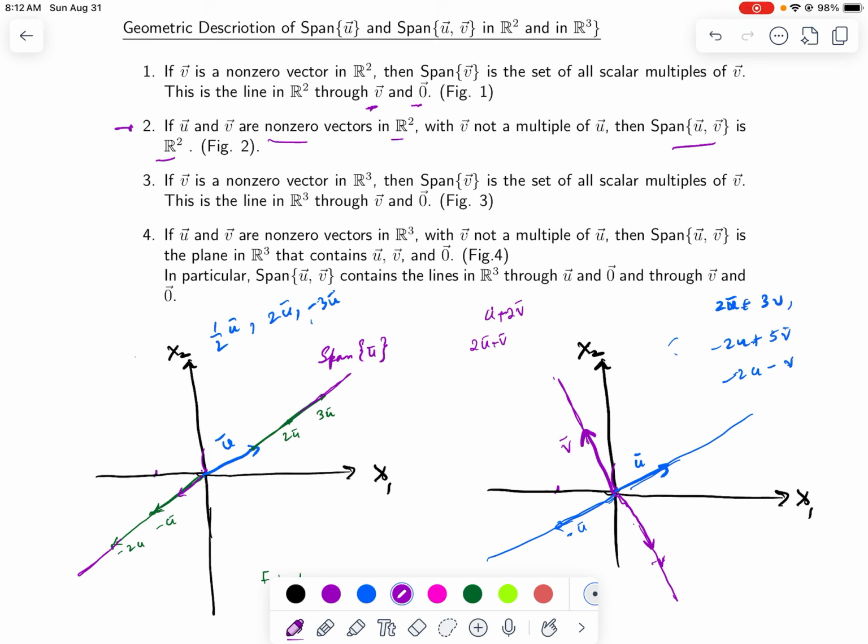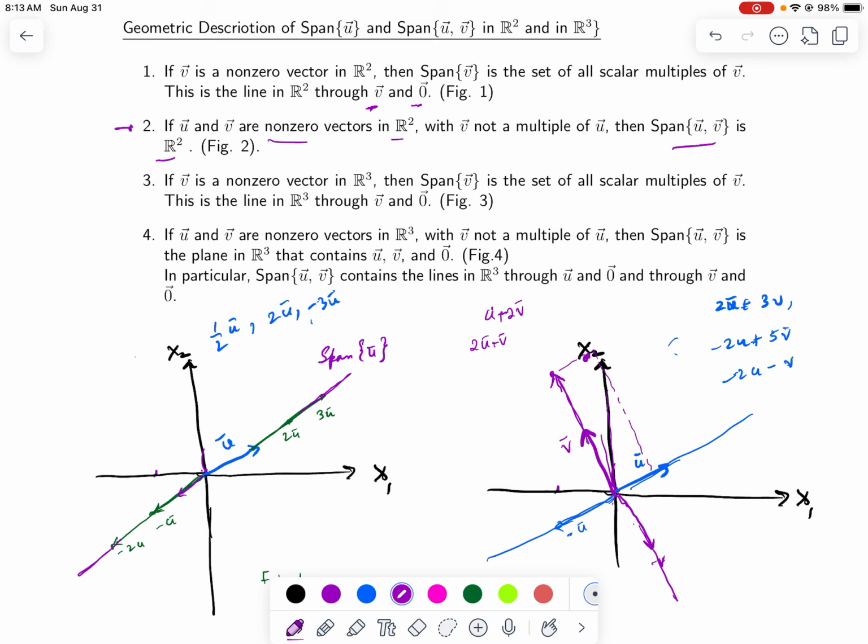So let's look at u plus 2v. So u, and I need 2v, so I will have another one over here. Now if I complete a parallelogram, my final vector will land somewhere here.